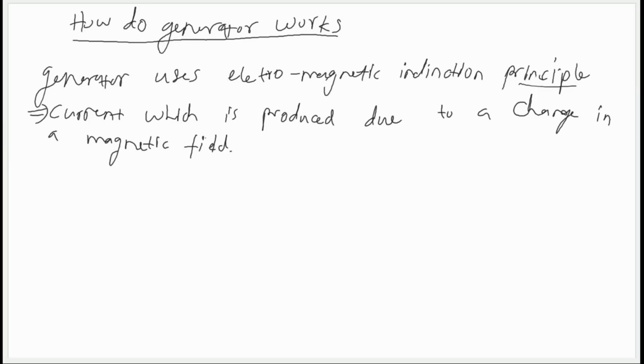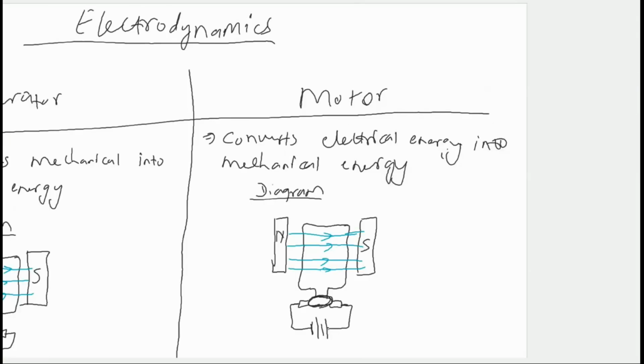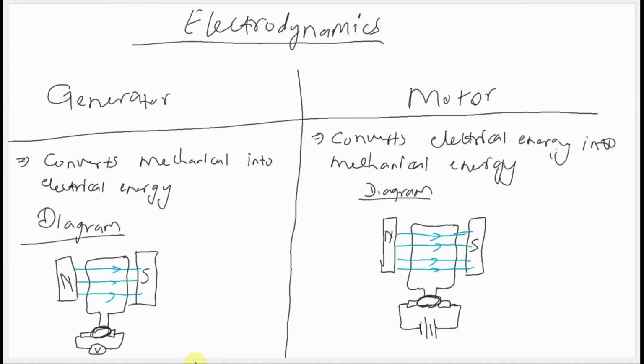So if I go back to the drawing here, I can actually see that I have some magnetic field running across this loop of a wire. So this is the magnetic field.